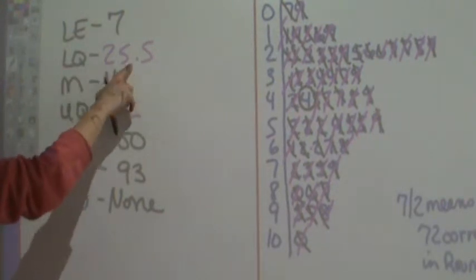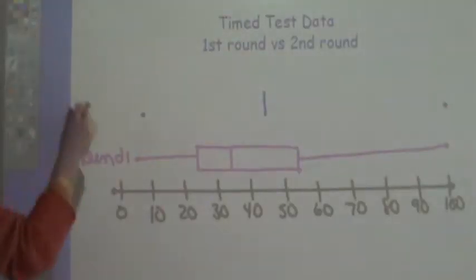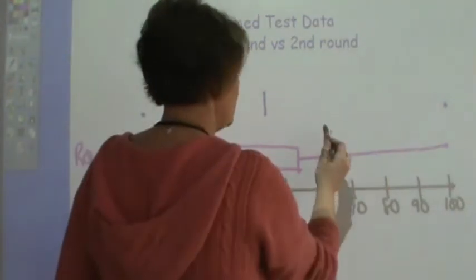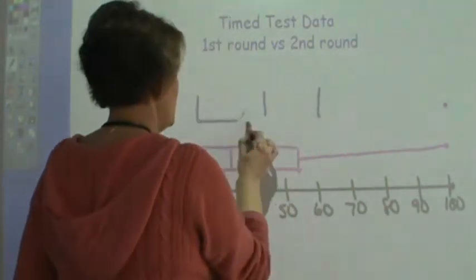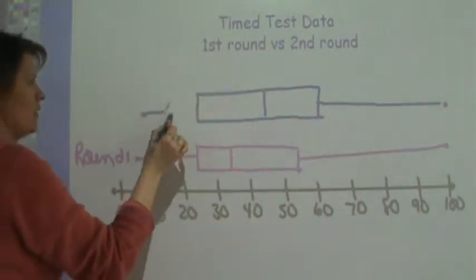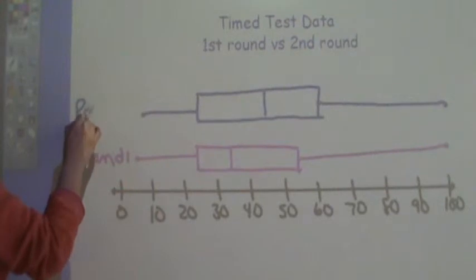Okay, and then our lower and upper quartiles were 25.5 and 62. 25.5, about right there, and 62. Okay. All right, so what that does for us, this is now round 2.